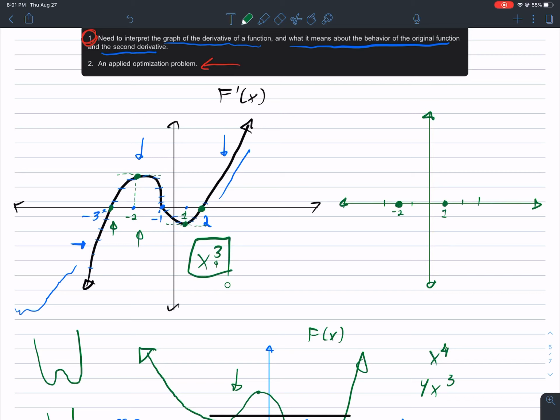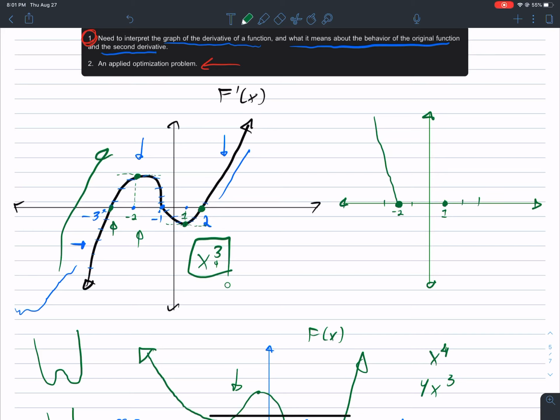Okay? And then we can see from everything before -2, all of this right here, that it's going upwards, looking at it from left to right. So then you know that your slopes are going to be positive.